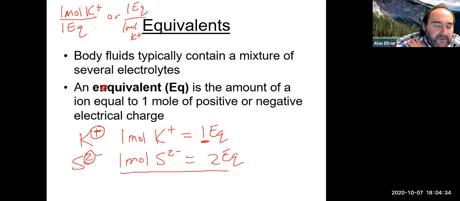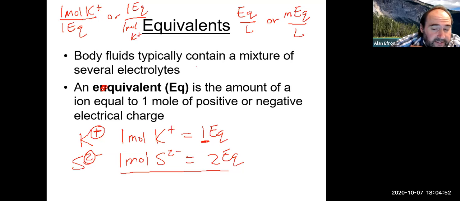A lot of times IV bags and things like that are given in units of equivalents per liter, or sometimes in milliequivalents per liter. And that milli conversion is the same as 1,000 milliliters equals 1 liter. There would be 1,000 milliequivalents equals 1 equivalent.